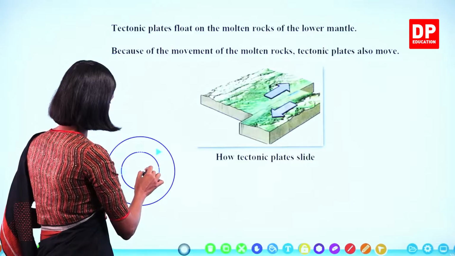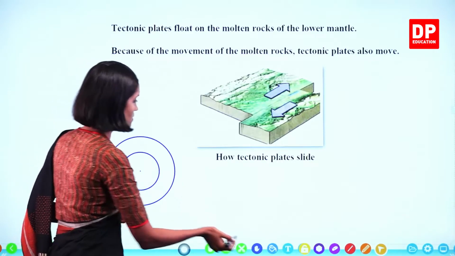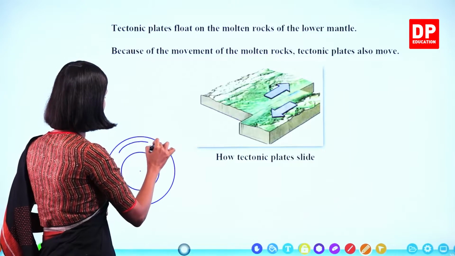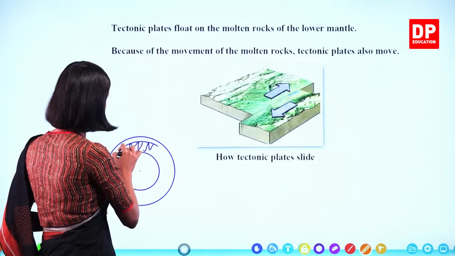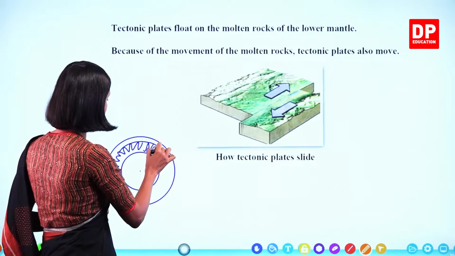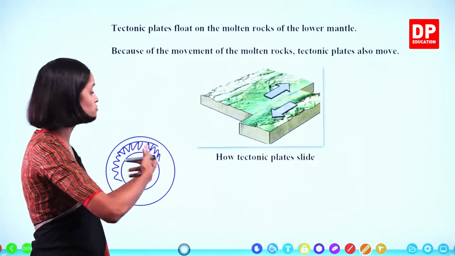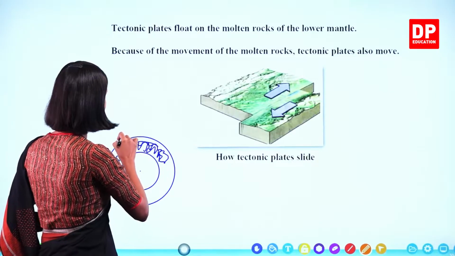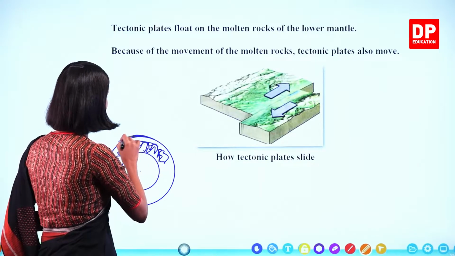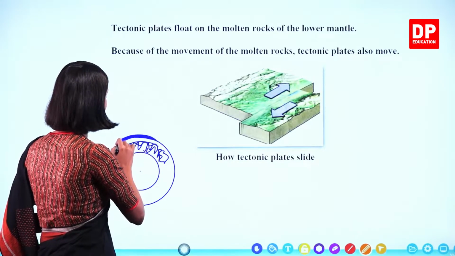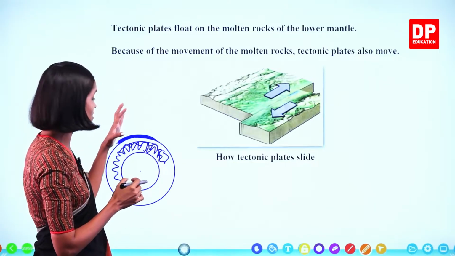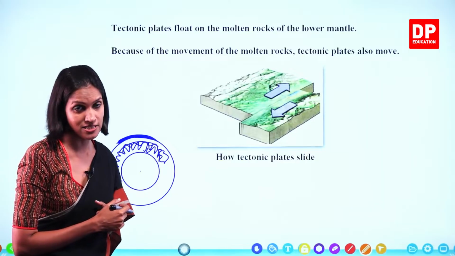So let's consider this is the core. When you consider the mantle, the upper part is solid, but the lower part is a liquid. You all know liquids always flow or move from one place to another. Because of this movement, the upper part also moves along with the crust, along with these boundary areas, along with the tectonic plate areas.